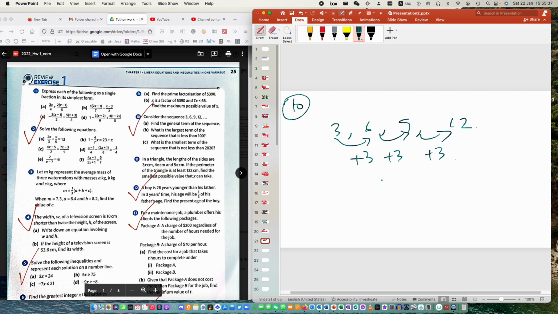What's the formula for a normal pattern? The difference is the same. You see, we learn about it in P6 or Sec 1 and then you forget it. So it's your problem. It's first number plus the difference times n minus 1.